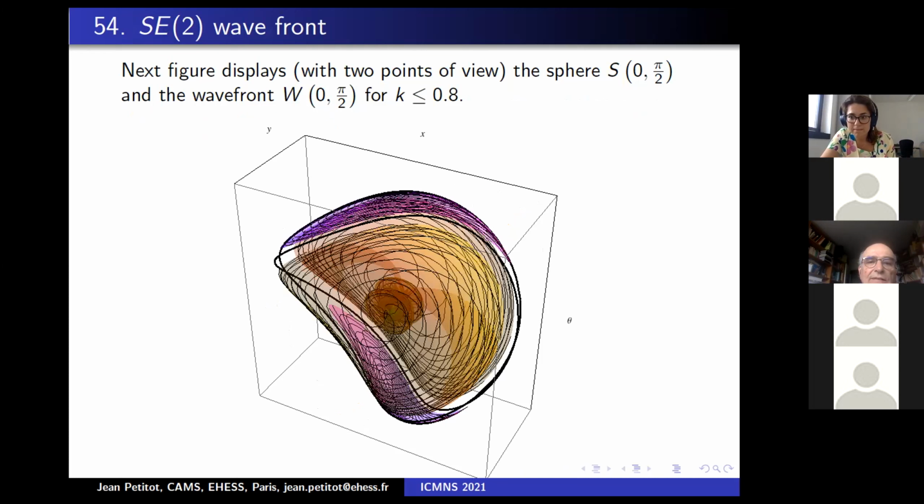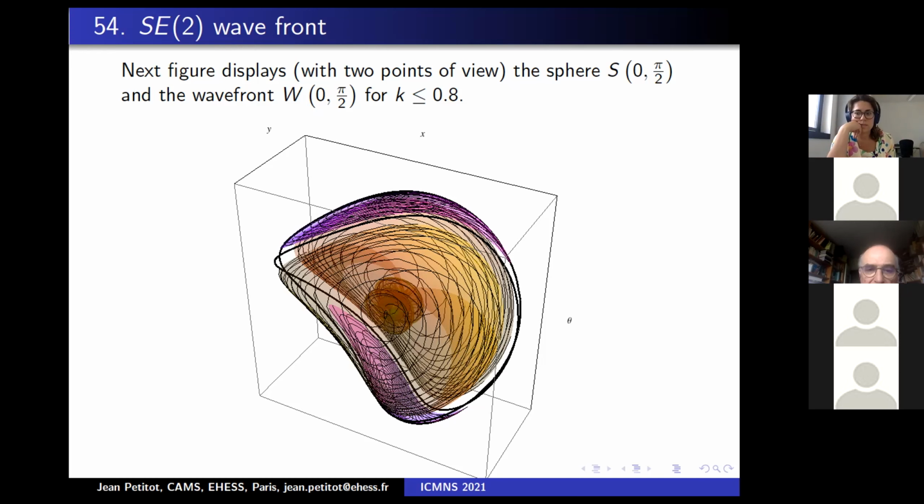It displays the sphere and the wavefront of the SE2 Riemannian geometry. So here you see how the C1 strata and the C2 strata are glued together by the intermediary of the C3 strata.